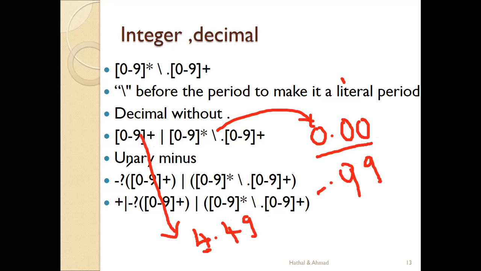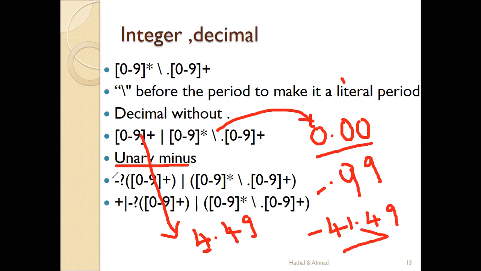In the same way, we can use the expression with the additional unary minus. If you want to represent minus, say minus 41.4, then you need to specify the minus. For that we can use the question mark, which says 0 or 1 occurrence of the minus.